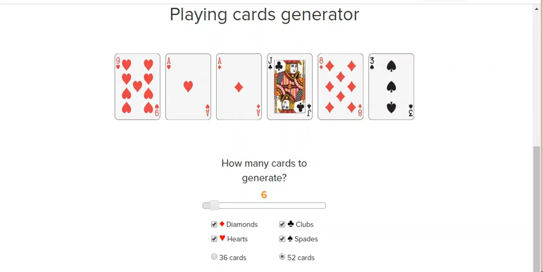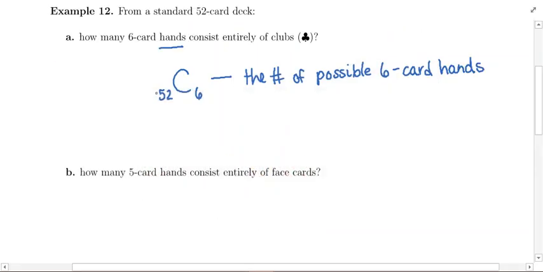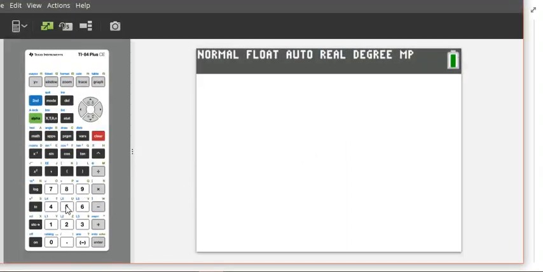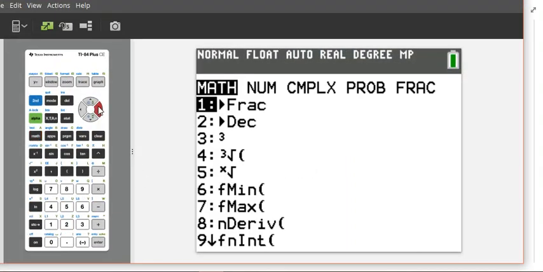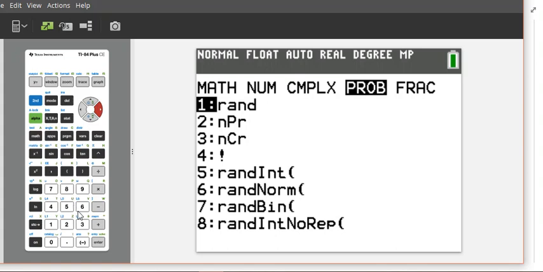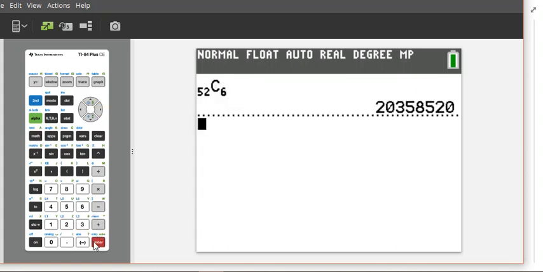So what we're doing when we say 52 choose 6 is counting the number of all possible 6-card hands with no restrictions. So if I go to the calculator and figure this out, 52 choose 6 is going to tell us the number of 6-card hands that are possible.